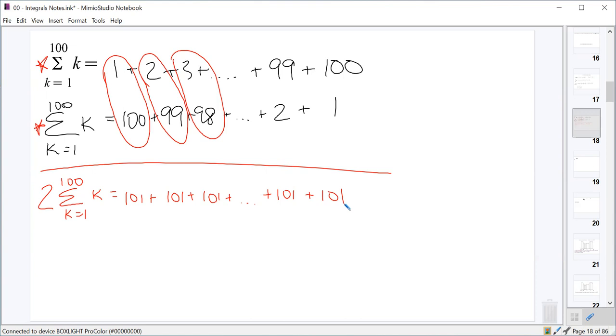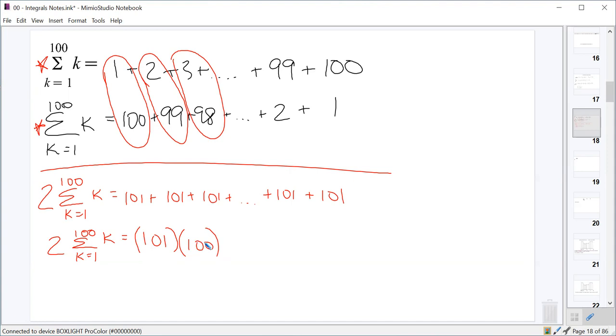And so we can see now that 2 times this summation from k equals 1 to 100 of just k should be 101 times however many of them there were. Well, we had the numbers from 1 to 100, which means there ought to be 100 of these.